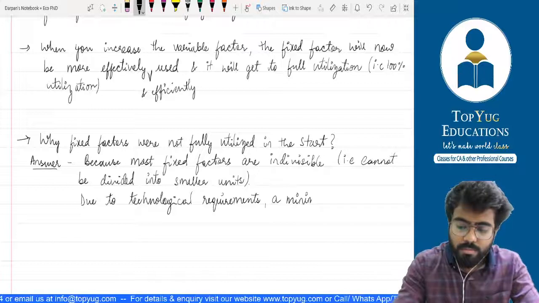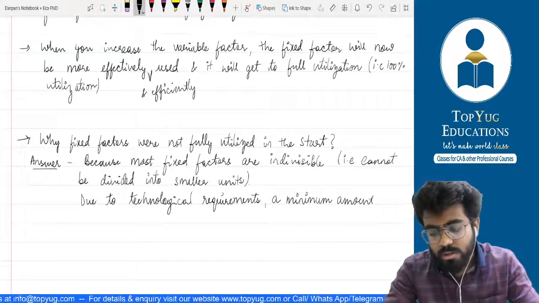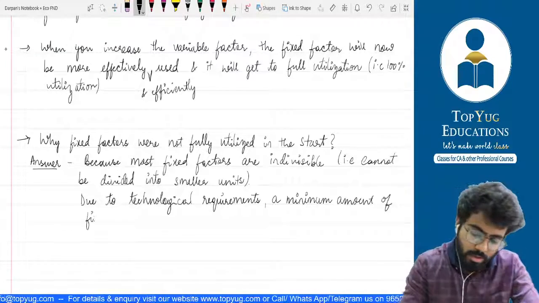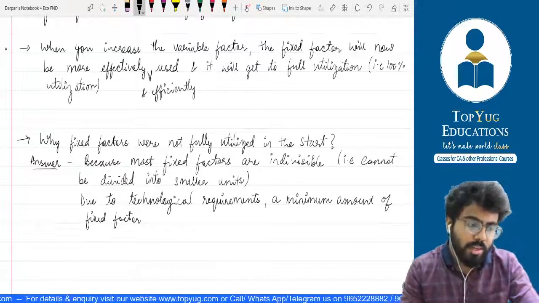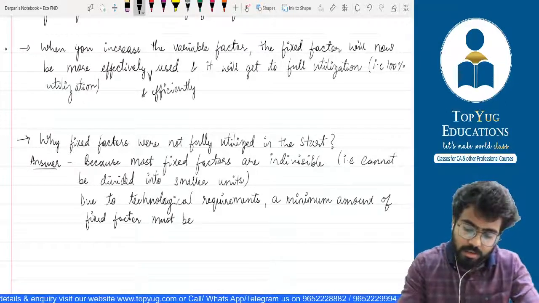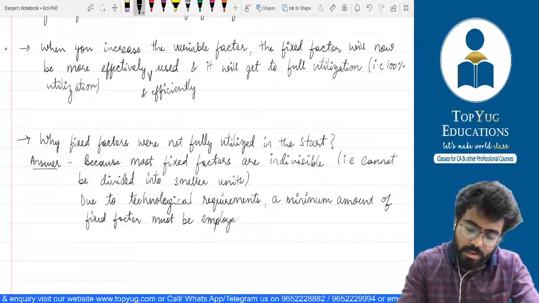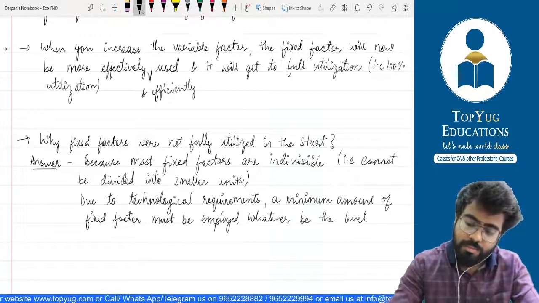a minimum amount of fixed factor must be employed whatever be the level of output.